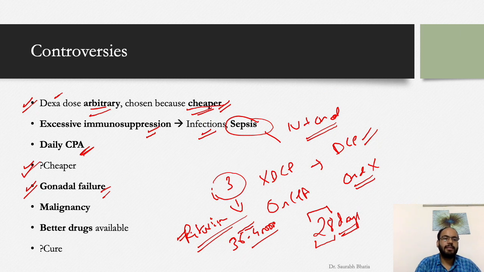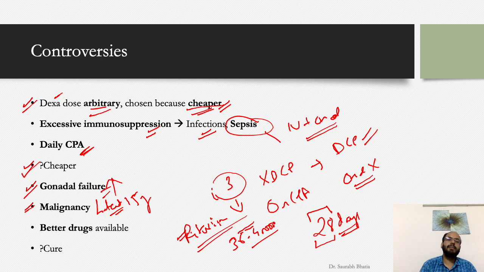So this becomes a major adverse event for you to discuss with your patient, and whether it is beneficial to give cyclophosphamide to them or not. Malignancies have been reported, and there is a huge latent period. It can be as high as 15 years after the therapy is stopped.